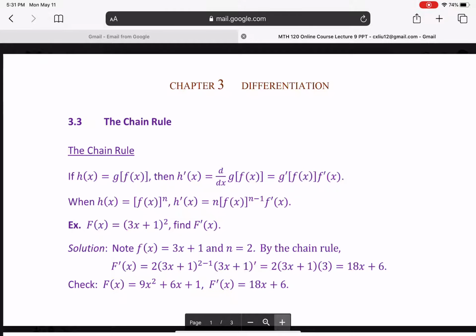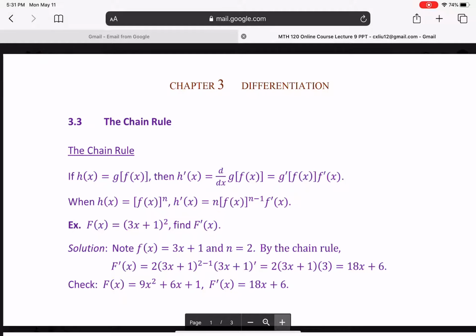Okay, let's do some simple examples. Suppose capital F is equal to 3x plus 1 squared. We need to find the derivative of this function. First, remember, this function is a composition of two functions, where the power you take, the square, is a function itself.